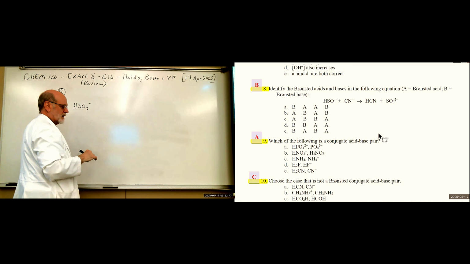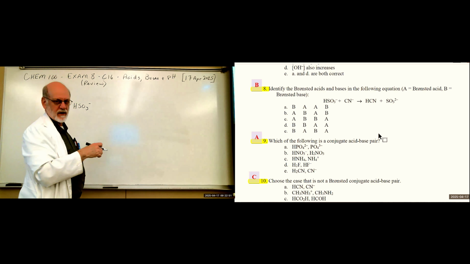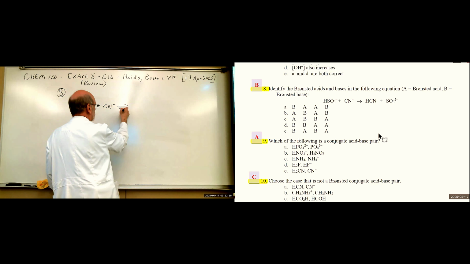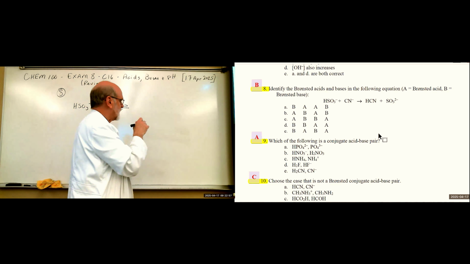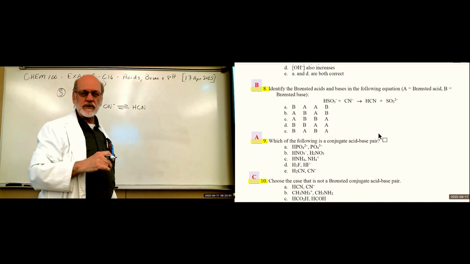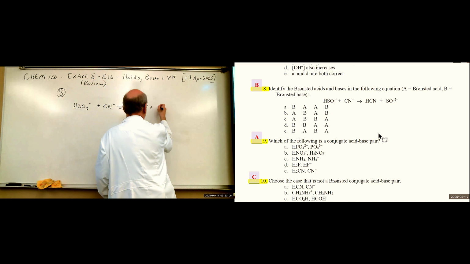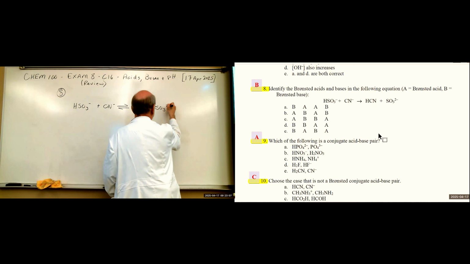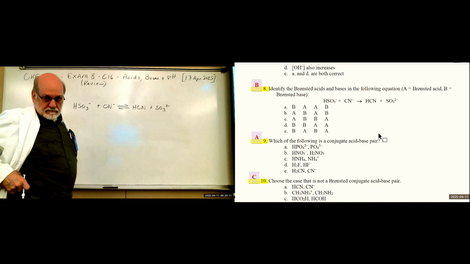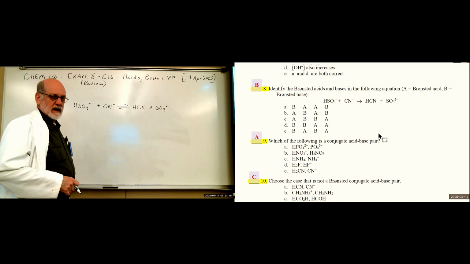HSO3 minus, which is the hydrogen sulfite ion, a polyatomic ion, cyanide ion, then hydrocyanic acid. And we have to assume that all of this is occurring in aqueous solution, with the sulfite ion. Okay.